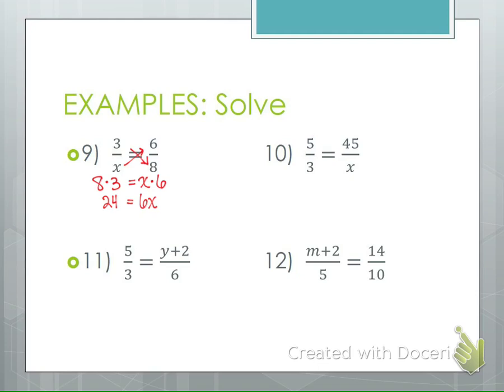The last thing we need to do to solve is get x alone. So we have to divide by 6. We get x equals 4. It does not matter to me if you write it as 4 equals x or x equals 4. Those are the same thing. Totally up to you.